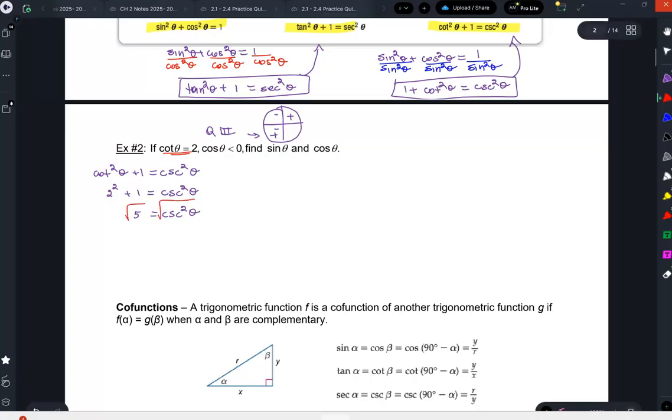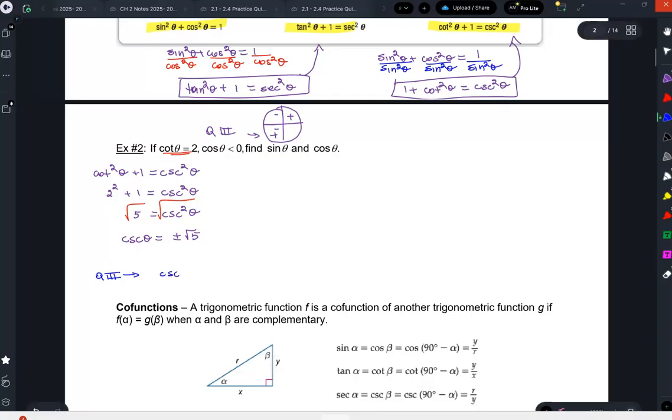Take a square root. Cosecant theta is plus or minus root 5. However, you can only have one answer. In quadrant 3, cosecant is negative.